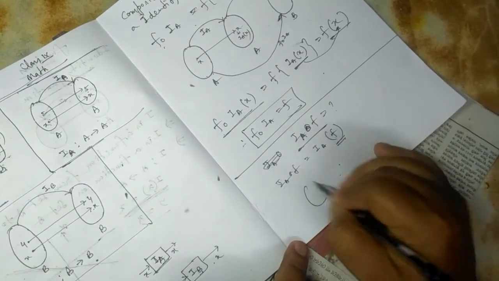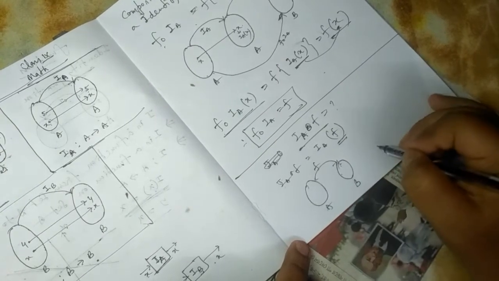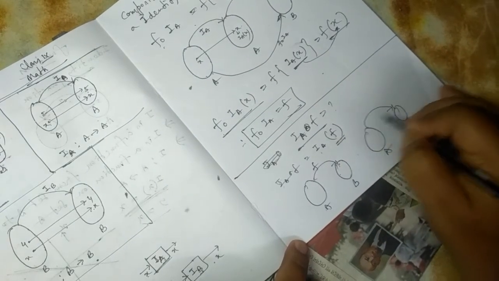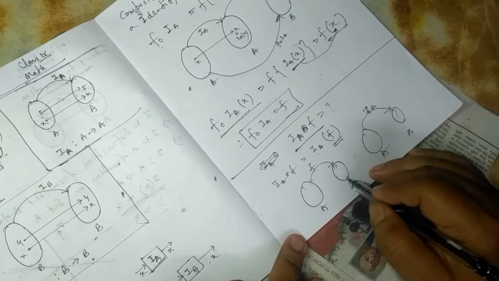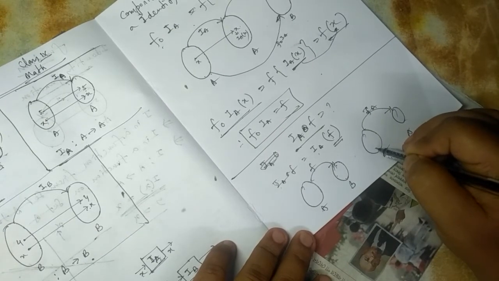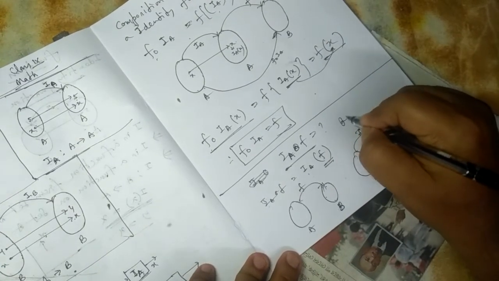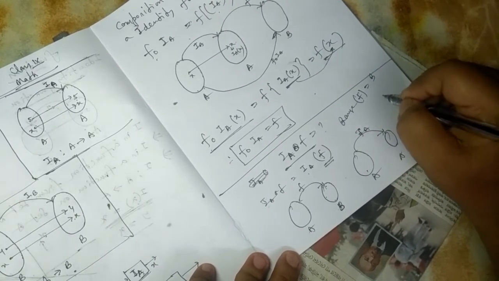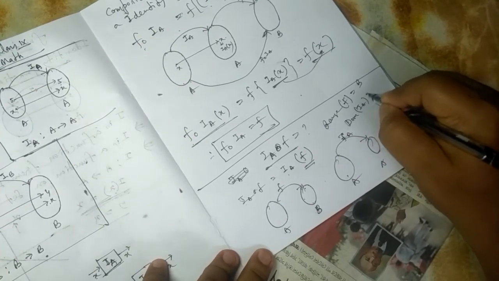F is a function from A to B, and IA is a function from A to A. So the range of F is not equal to the domain of IA, because the range of F is the set B, whereas the domain of IA is the set A.